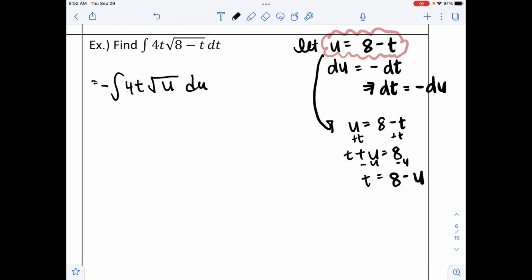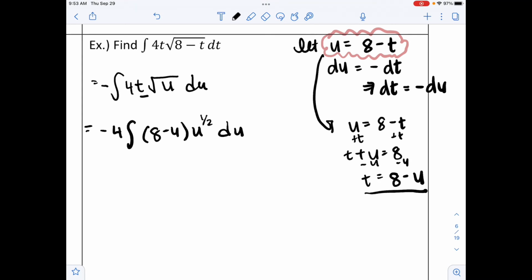So I can substitute this in for the t that I am left over with in my integral. So I have negative, I'm going to pull the 4 out also, and then instead of t, I'm going to write 8 minus u, and then instead of the square root of u, I'm going to write u to the 1/2 du. So from here, I notice that we have an integrand that has all u's.